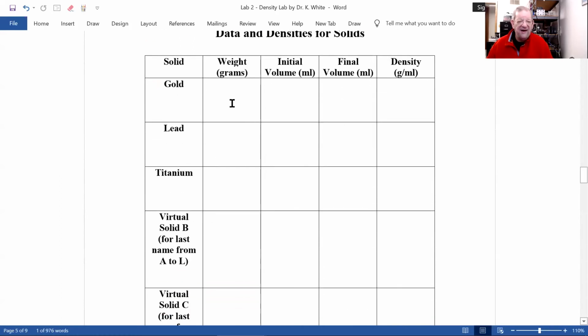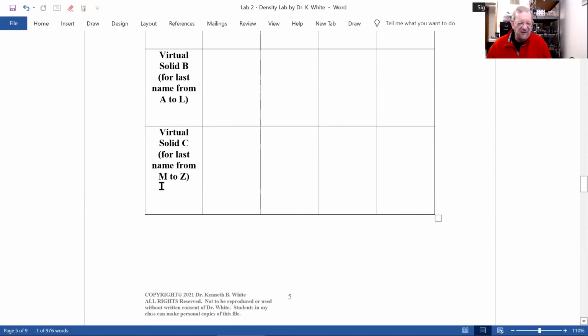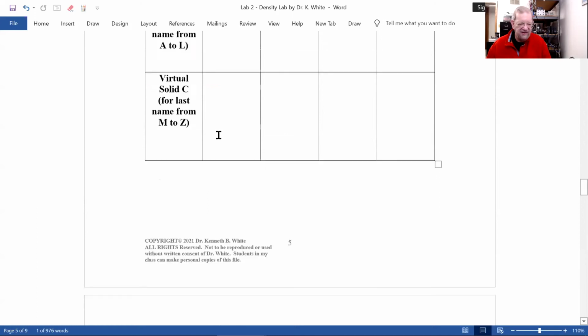And here I have a table for you to do certain ones. Then we have two unknowns. That makes it more exciting. And virtual B, solid. If your last name begins A through L, that's the one you use. And if your last name begins M through Z, do virtual solid C. Now, you've done one virtual liquid and one virtual solid.